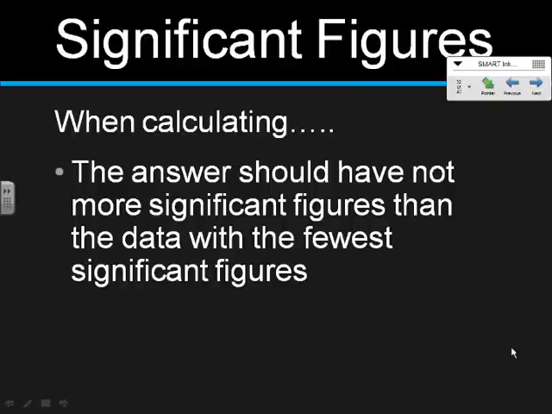So my answer would need to have 1 significant figure. Now let's say I did 5 times 10, my answer would still have to have 1 significant figure because 5 has 1 significant figure, 10 has 2. And you cannot have more significant figures in your answer than the least amount of significant figures in the problem that you're working.